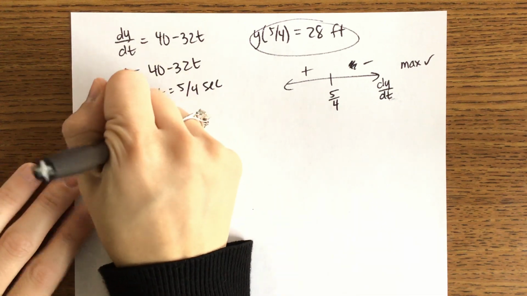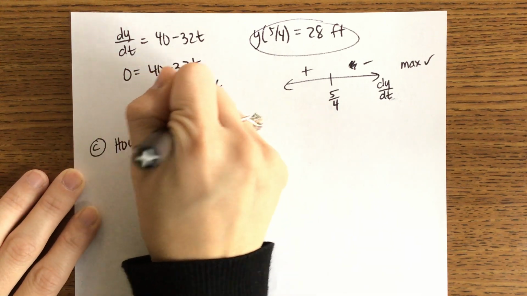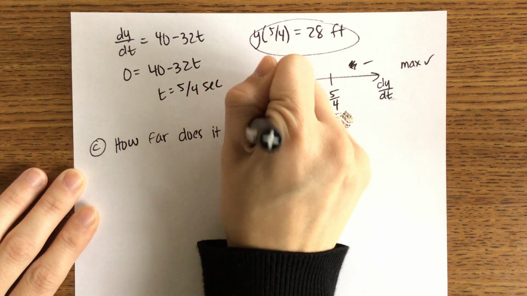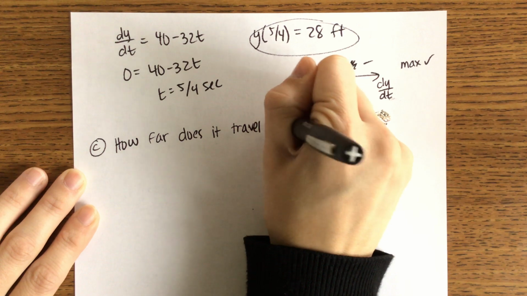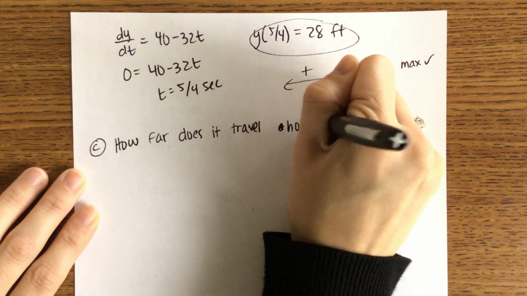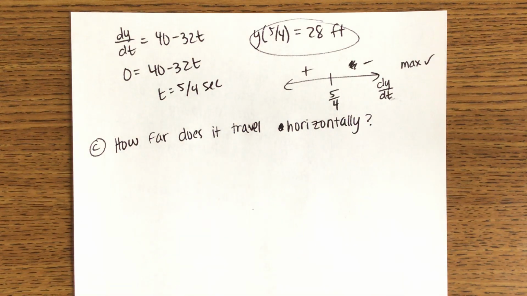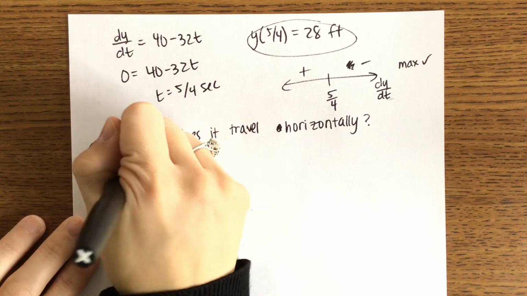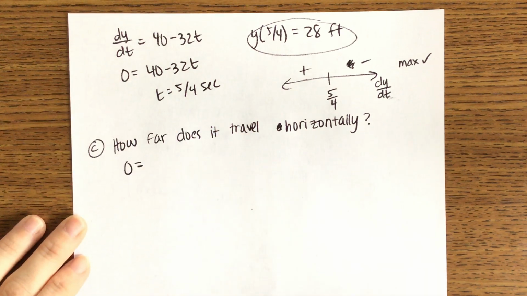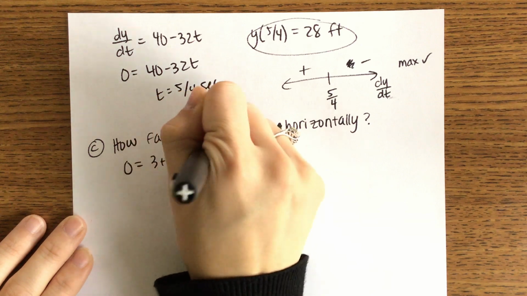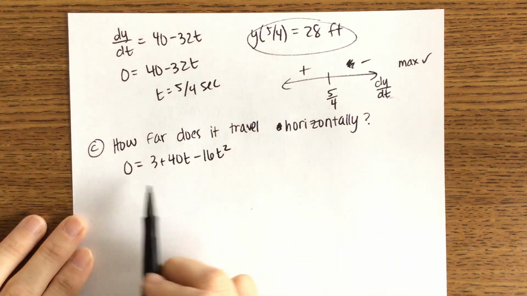Okay, 2 more. How far does the object travel horizontally? So we need to know when our y is 0, when the object is back on the ground. I'm assuming you guys can solve that just fine.